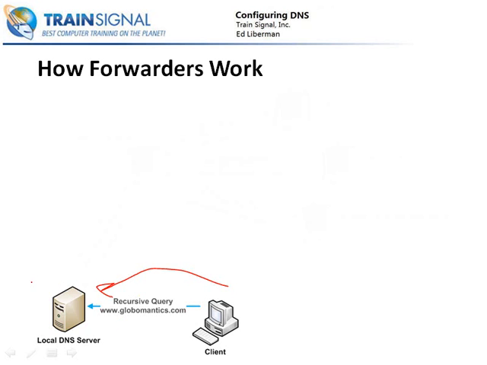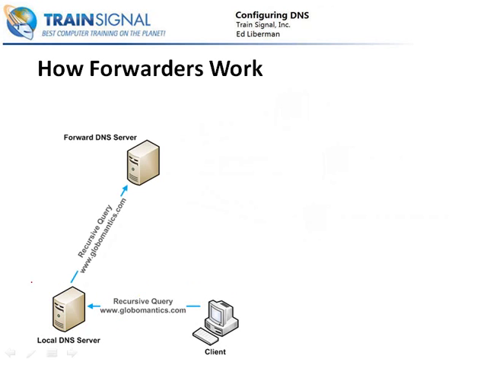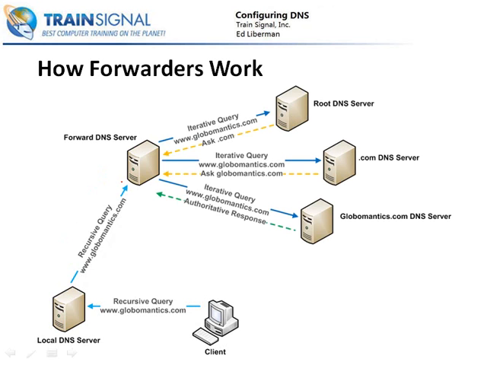So the local DNS server, on behalf of the client, will make another recursive query to the forward DNS server that it's been configured to ask for any lookups that it doesn't know about. That forward DNS server has been configured with that other type of forwarder that I'd mentioned, root hints.